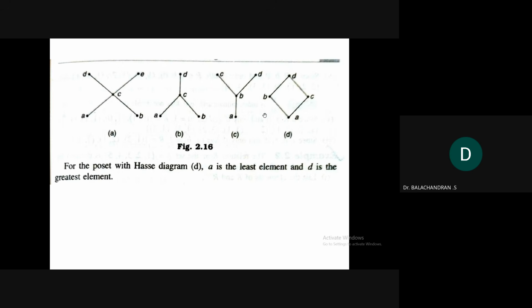Now come to this diagram. A is the least element, and also it is a minimal element. What about C and D?